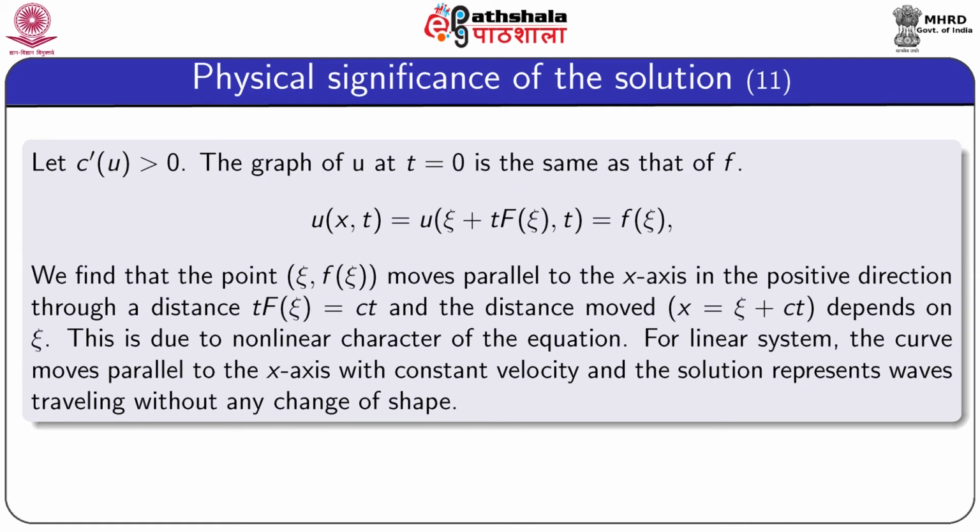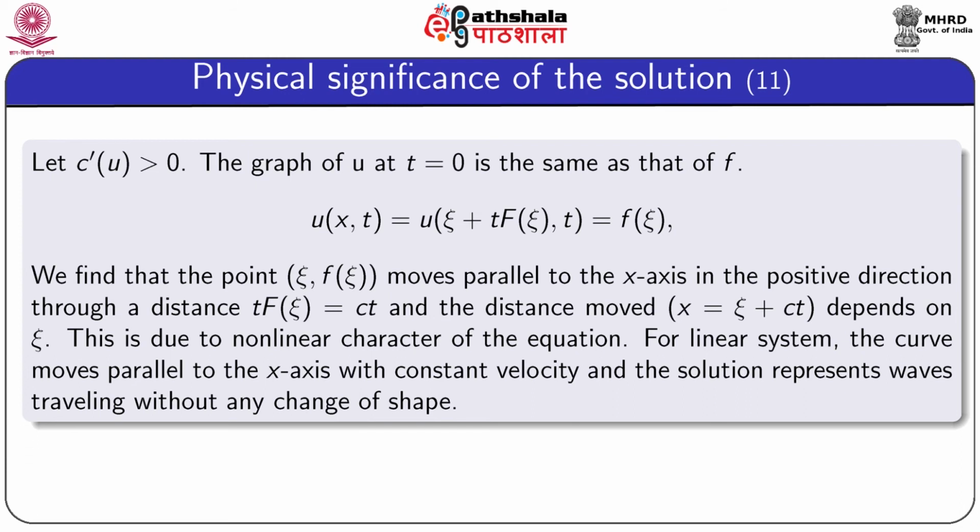But here I want to mention that in this case the distance traversed by a point is c into t. Here c is not a constant, c is a function of u. So, in the xu plane, the points which have a higher value of u will move faster than the points which have a lower value of u.